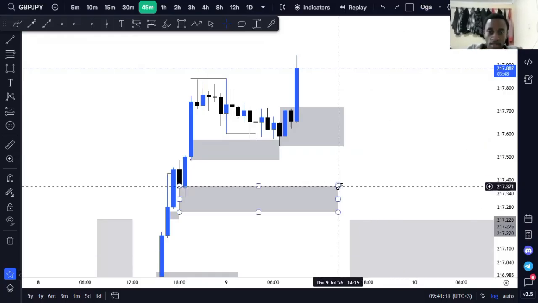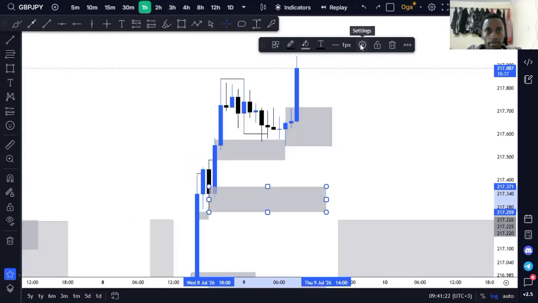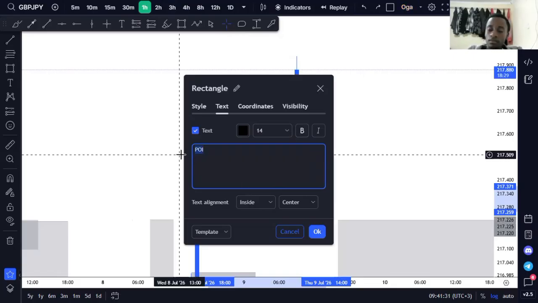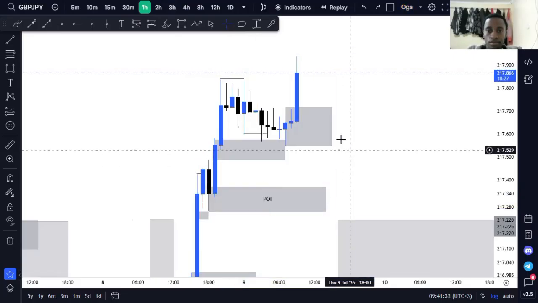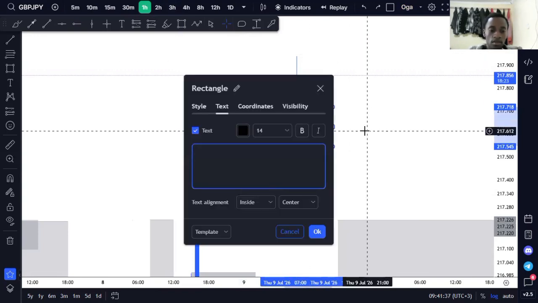Wait, I need to mark this as my point of interest. Or is it not loading? GBPJPY. Also this one is my point of interest.